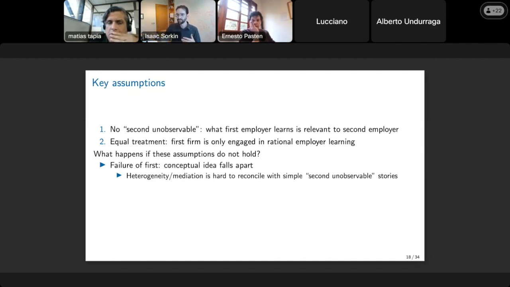To the extent that's not true, then what I want to attribute to bias, you might just say is about this second dimension of unobservables. Given that I'm telling you about this paper, I think this isn't a plausible explanation for the data. And what I'll argue is that some of the heterogeneity and mediation analysis that I'll show you is hard to reconcile with simple second unobservable stories.